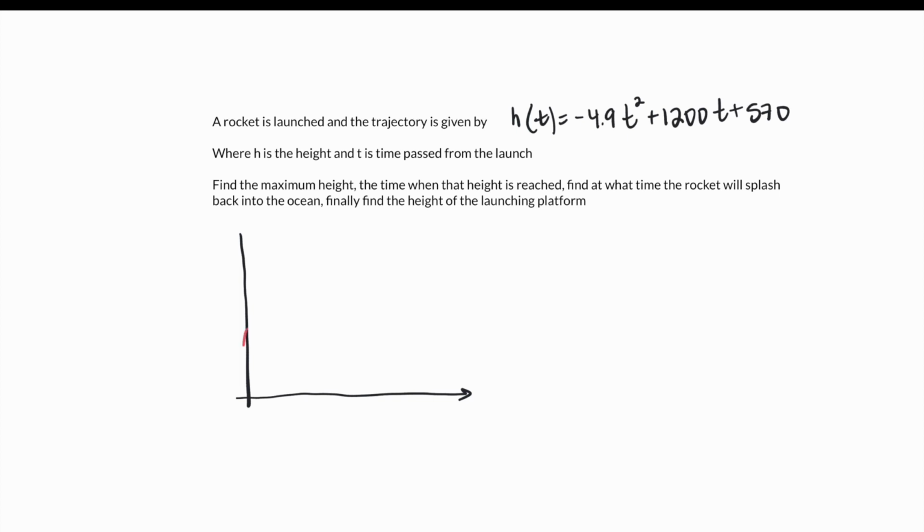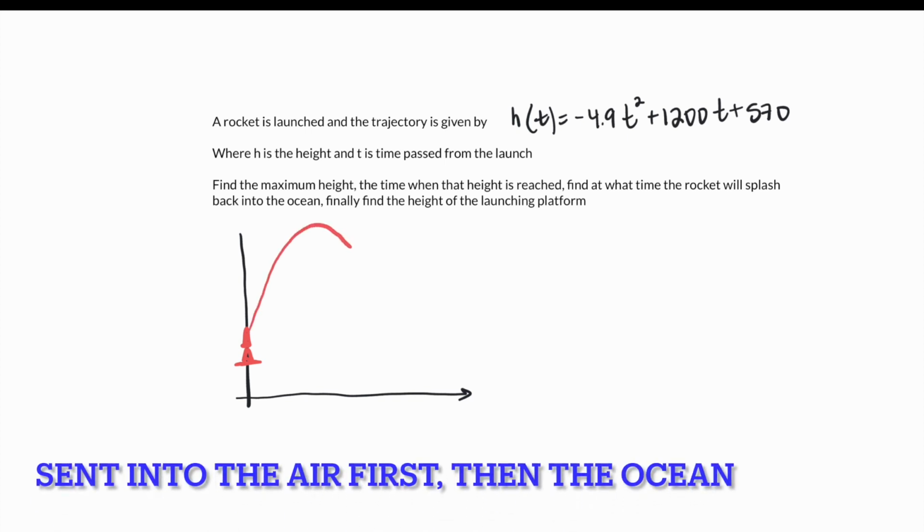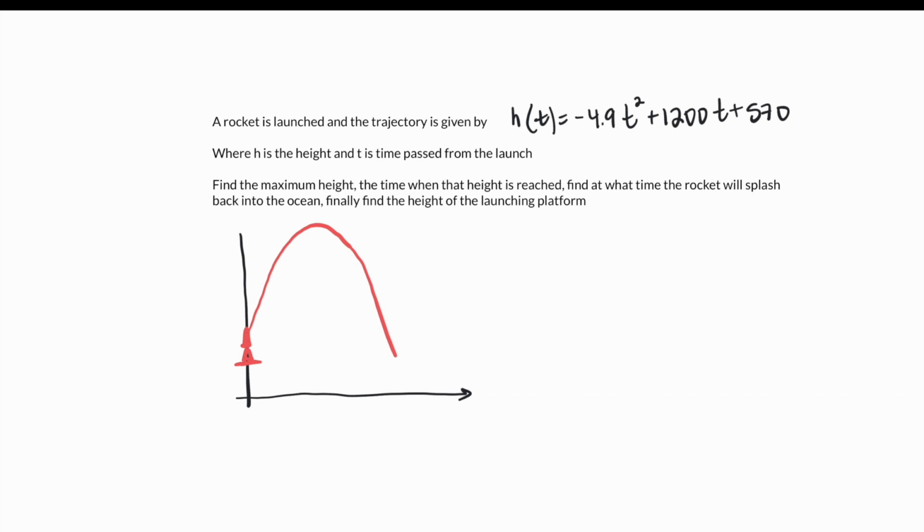So here is your rocket. It's starting at some sort of launching platform, and then it's sent into the ocean, and then eventually it reaches the maximum height, and then it will splash back into the ocean. So the vertical axis again here is the height, h, and the horizontal axis is the time, t.